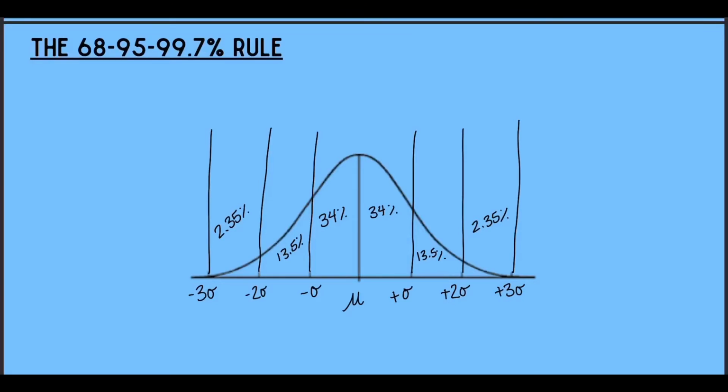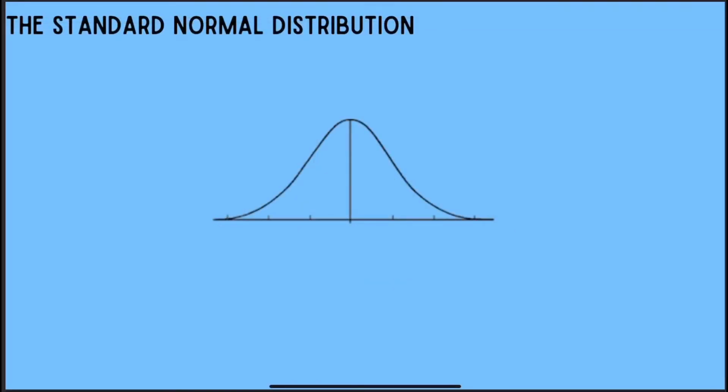So a lot of the problems that we're going to be doing, some of them you can just do with the 68, 95, 99.7% rule. If we look at just the standard normal distribution, the standard normal distribution always has a mean of 0, so a population mean of 0, and a standard deviation of 1, which means all of these little tick marks are now going to be 1, 2, 3, and -1, -2, -3.